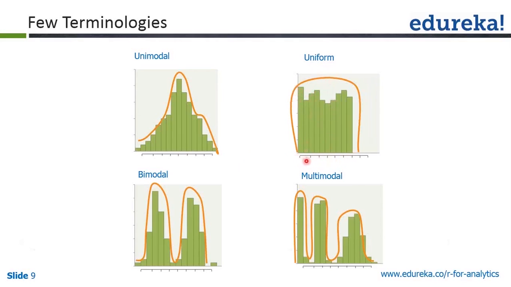If you're just interested in finding out the count of each of these numbers when you are rolling a die, or when you are taking from a bag of numbers, then you will realize all the numbers have an equal chance of coming. So this is called a uniform distribution.